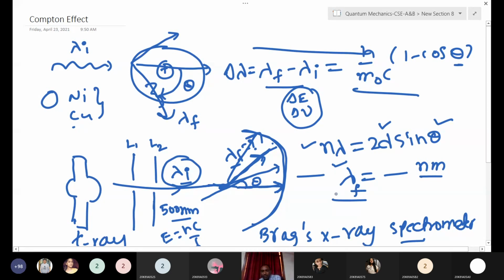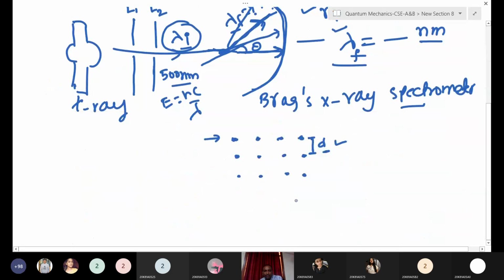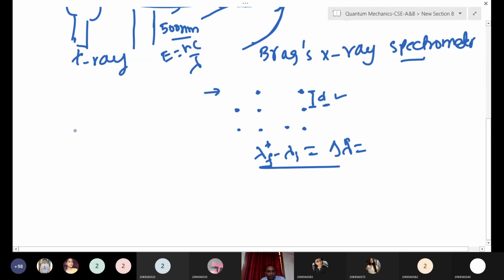After that, lambda f minus lambda I, you can estimate the shift, delta lambda.